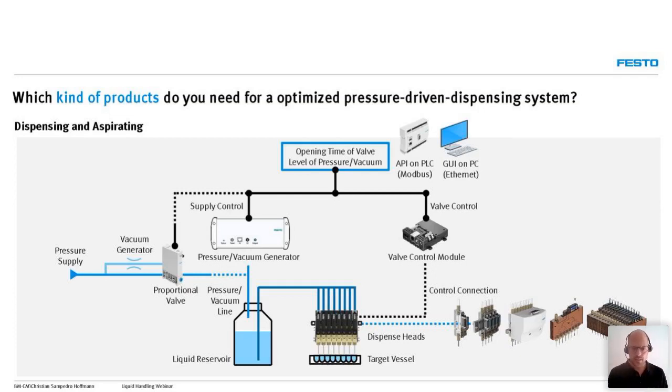Like this picture here in the middle, this pressure vacuum generator could be a solution. There are some on the market. It's like a little box, like a shoebox, a little bit smaller. Here you can generate vacuum and pressure for these liquid handling applications. They are specially made for that. But also when you have pressure supply in the lab, you can use that one.